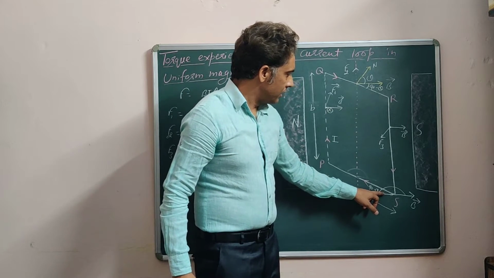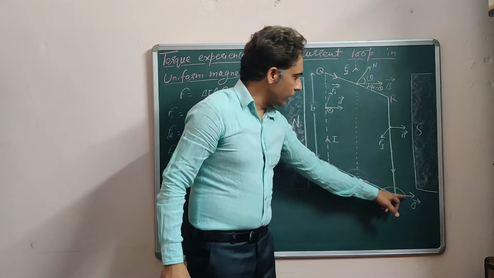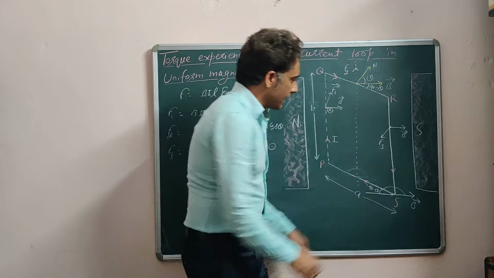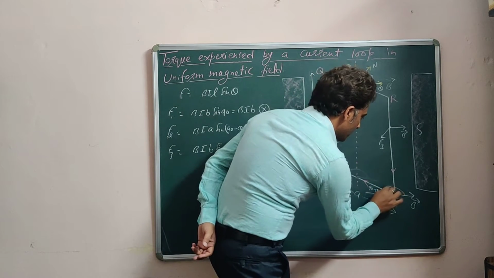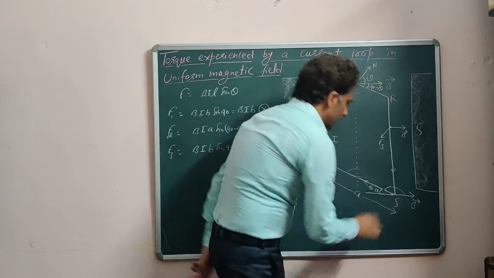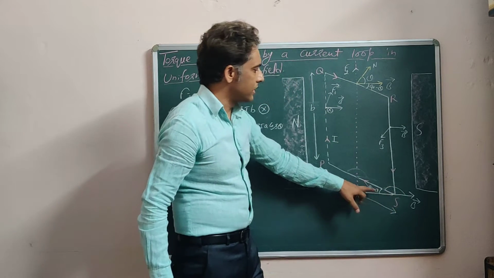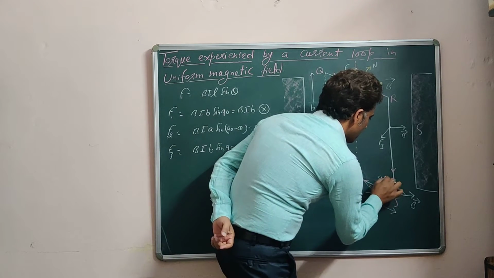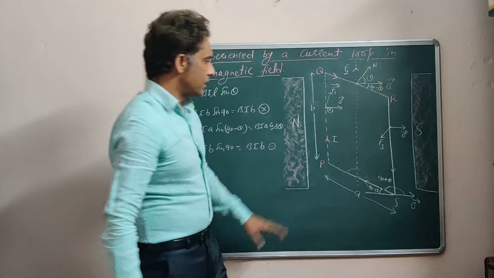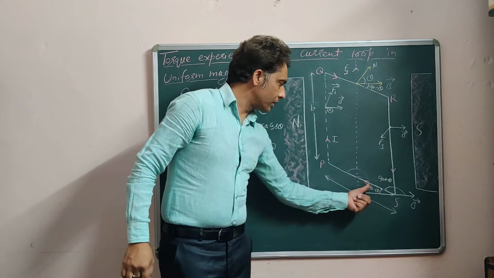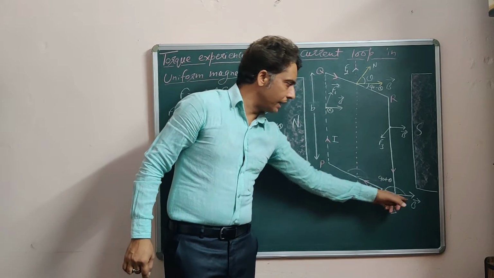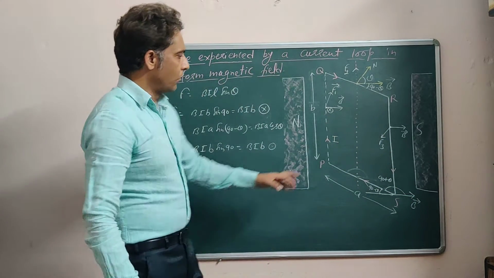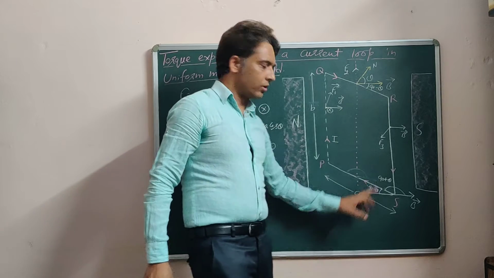So this total angle is 180. So this angle will be equal to 180 minus (90 minus theta). This angle comes out to be 90 plus theta. Means the angle between the direction of current on this portion and the magnetic field is 90 plus theta. So let the force acting on this portion be F4.